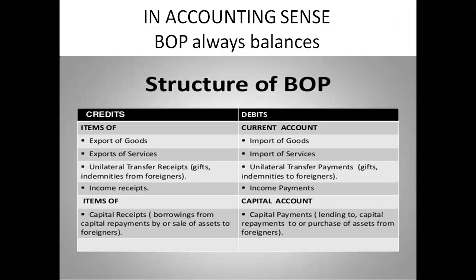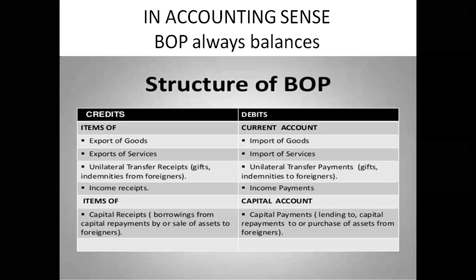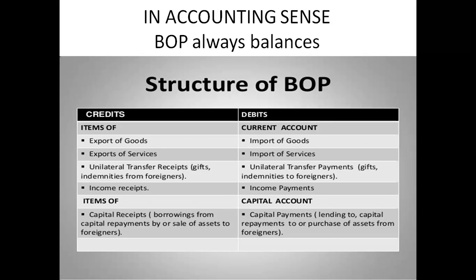Now see this. In the accounting sense, BOP always balances. We know that in accounts, the last account has to be balanced. The debit side items and the credit side items must be equal, and the difference, we all know, is either the surplus or the profit, right?